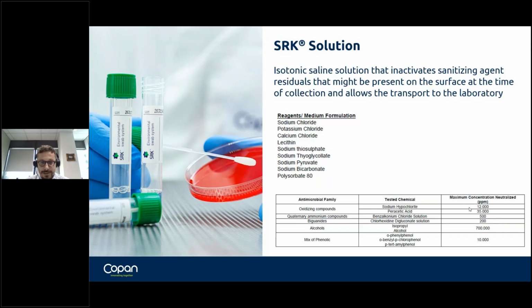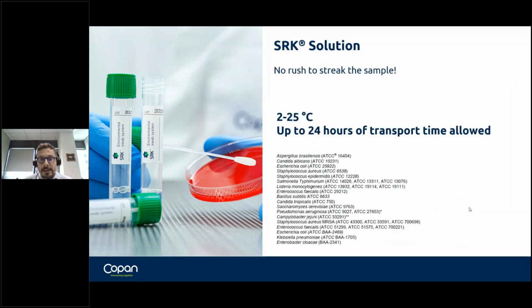SRK solution is designed for preserving viability, but the sample collected in SRK solution can also be analyzed using molecular assays without any problem. Again, SRK allows you not to rush to streak the sample on the plate, but you can transport the sample at room temperature, between 2 to 25 degrees. So you don't even need a cold transport or a cold chain.